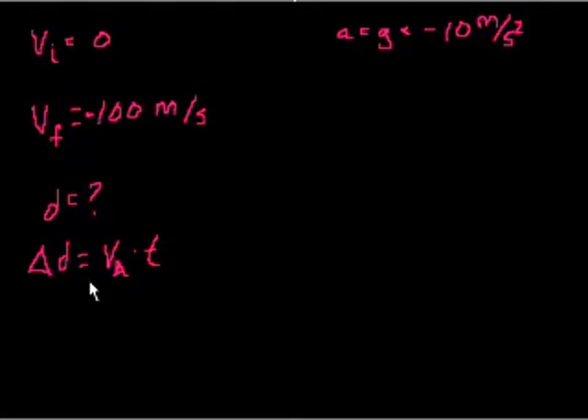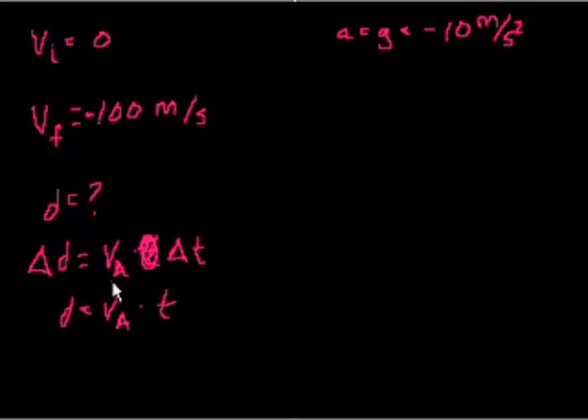Velocity really is just change in distance divided by change in time. So actually, let me change this to change in time. But since we normally assume that we start at distance equal to 0, and we start at time equal to 0, we can write distance is equal to average velocity times time.